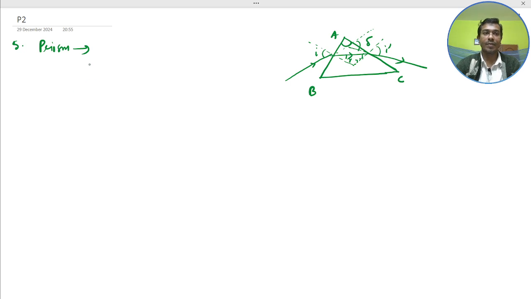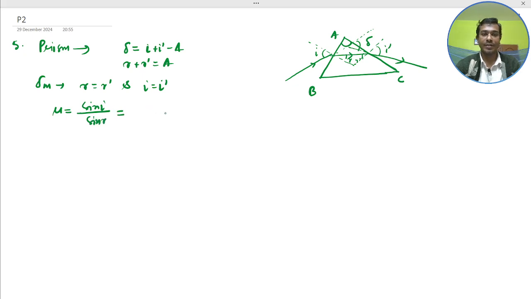So here the angle of deviation delta would become i plus i dash minus A. Also r plus r dash equals A. Minimum deviation delta m is for r equal to r dash and i equal to i dash, and the refractive index would become mu equal to sin i by sin r, that is sin of (A plus delta m) by 2 divided by sin A by 2.